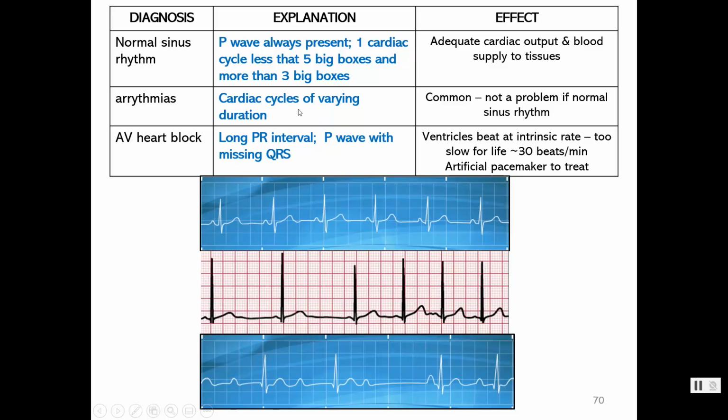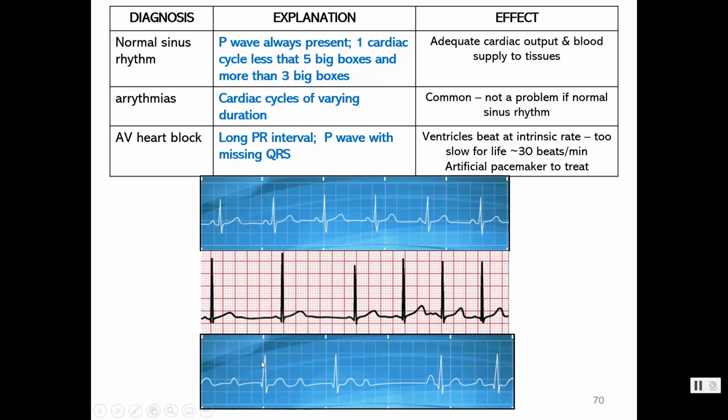Arrhythmia means cardiac cycles of varying duration. There is a certain type of arrhythmia, though, that does mean there's a problem. It's called AV heart block. Just as it implies, at the AV node there's a blockage in the road. We go from the SA node to the AV node, the atria contract, but then the signal is supposed to go down the interventricular septum and stimulate the ventricles to contract.